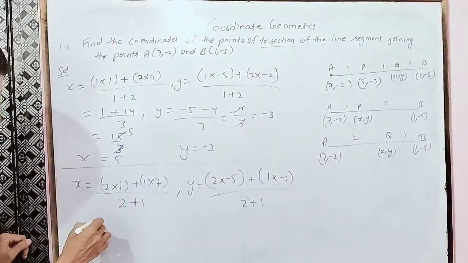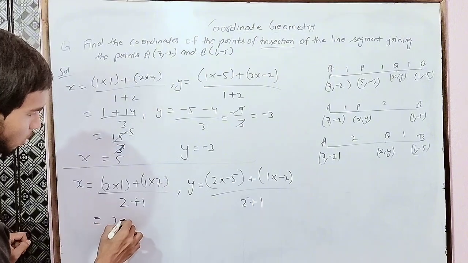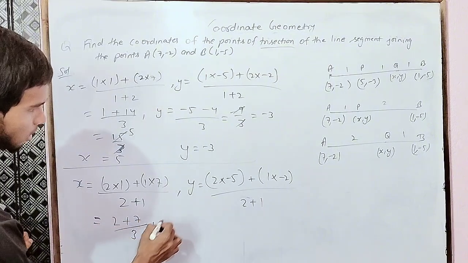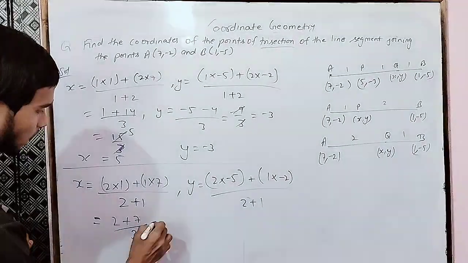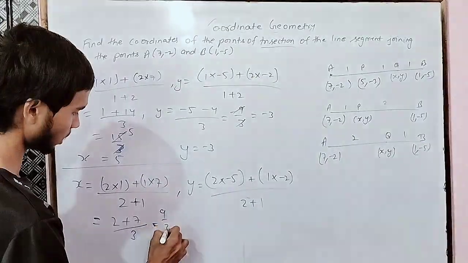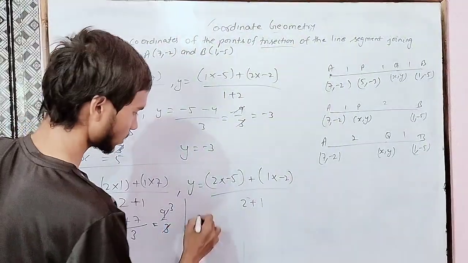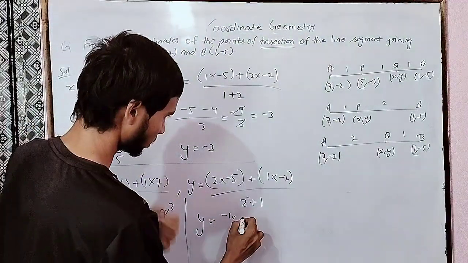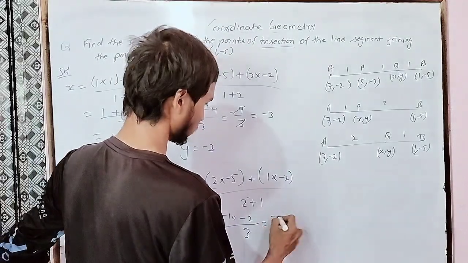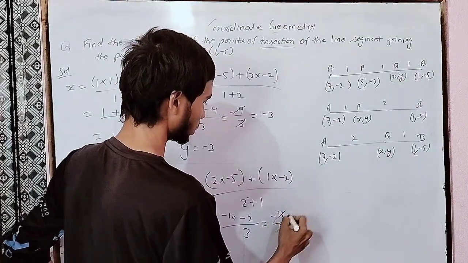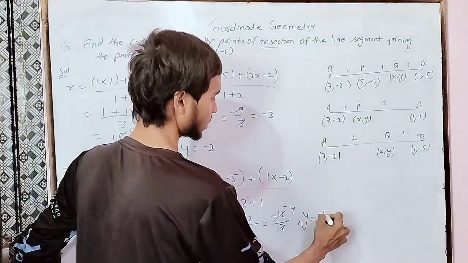It will not be 0. So here we are going to simplify it. 2 1s are 2, 7 1s are 7. First of all, let's simplify: it becomes 9 by 3, so x is 3. For y: minus 10 and minus 2 upon 3 is minus 12 upon 3, and 3 fours are 12, so y will become minus 4.